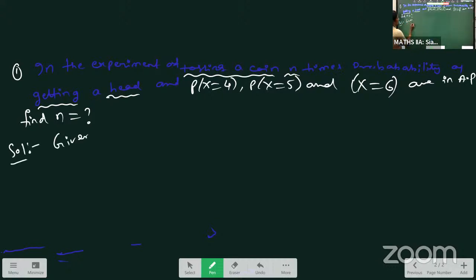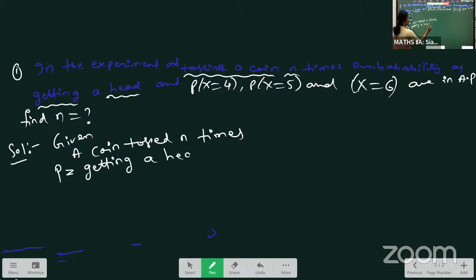Given a coin is tossed n times. P means success. P is what he has given, getting a head.